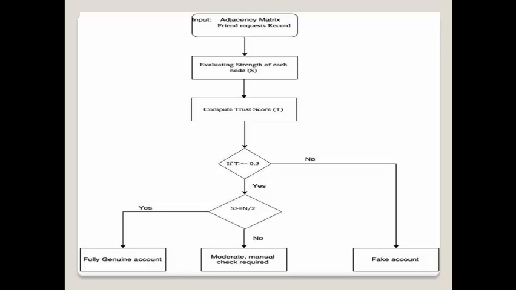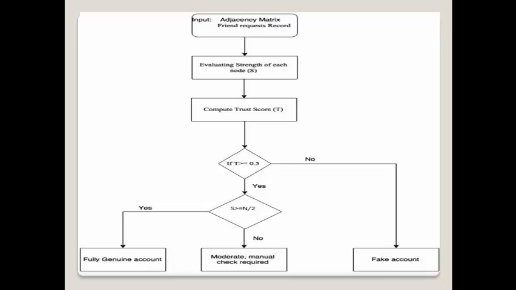Trust is based on the friend requests sent by the user and those friend requests which are accepted by other nodes. If the trust score is equal to or greater than 0.5, then it is not a fake account.